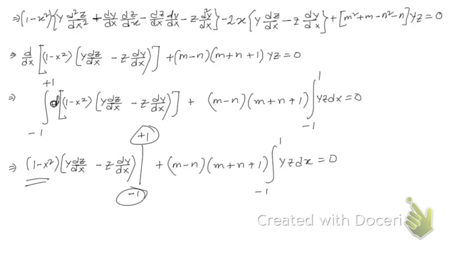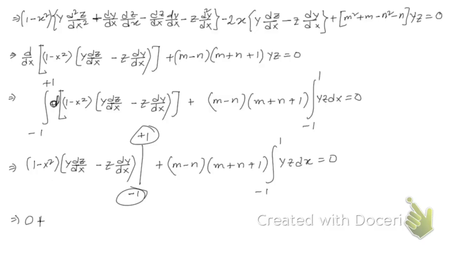So it doesn't matter whether you put +1 or -1 in x square, it's always going to be 1. So 1 minus 1, 0. So after putting the upper and lower limit, this part will be 0, because 0 into anything is 0. So that's why we have got 0 here.